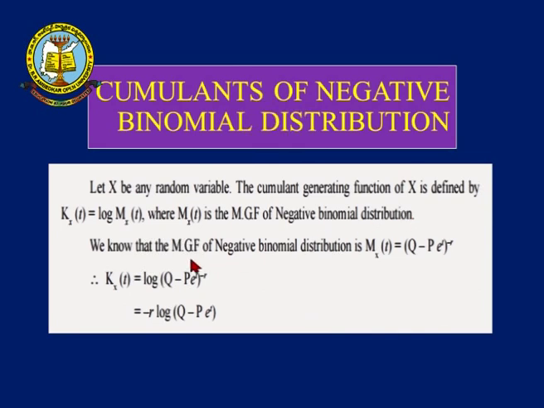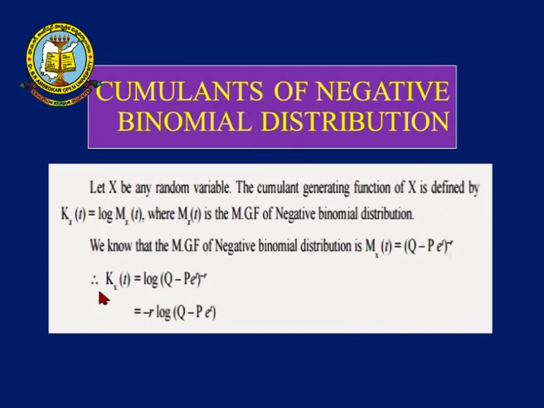We know that the moment generating function of the negative binomial distribution is M_X(t) equal to (Q minus P e to the power of t) whole to the power of minus r.